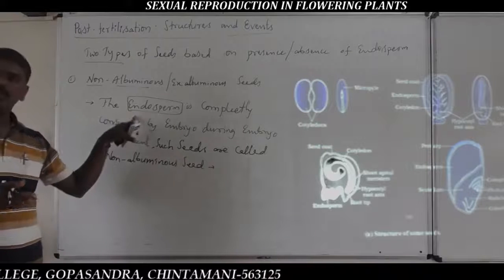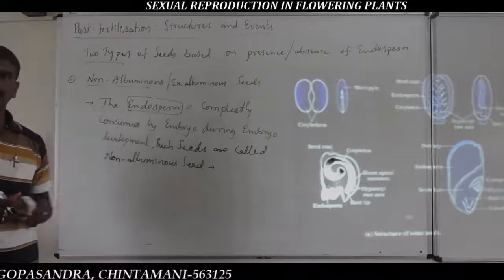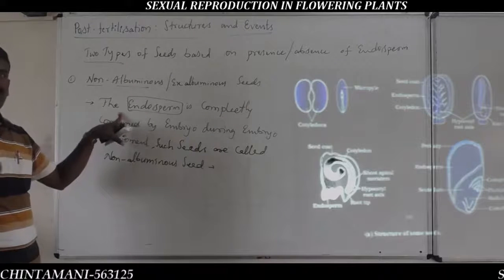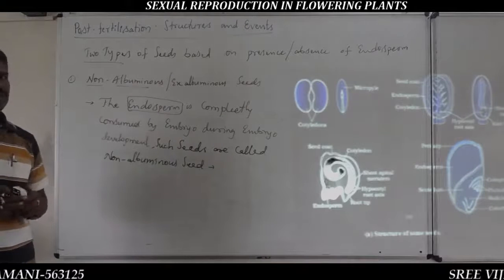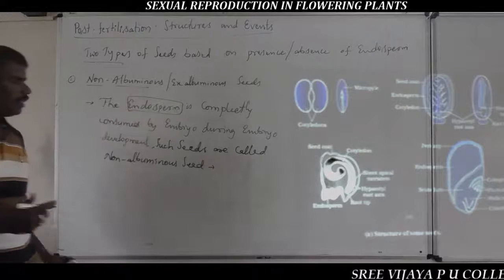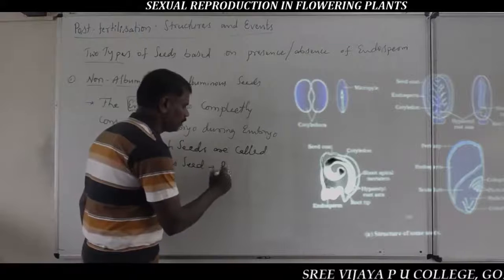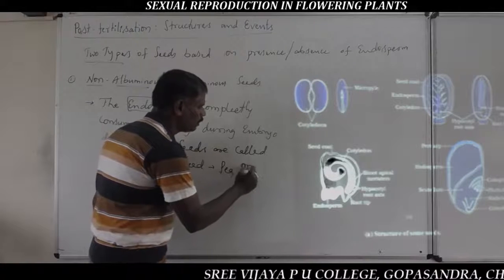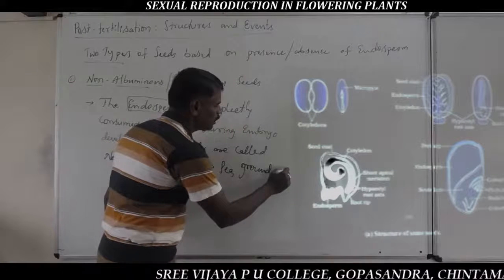If the endosperm is completely consumed by the embryo, the endosperm is completely absent in such seeds. Such seeds are called non-albuminous seeds. Examples: pea, groundnut, etc.